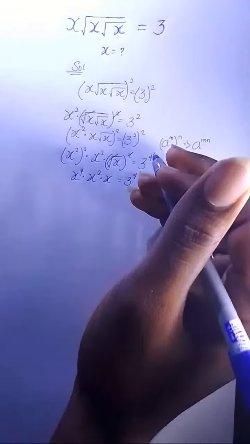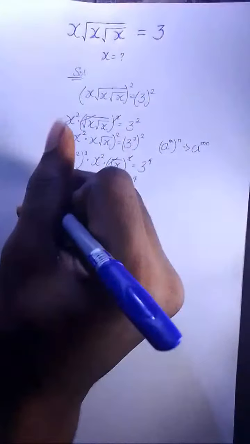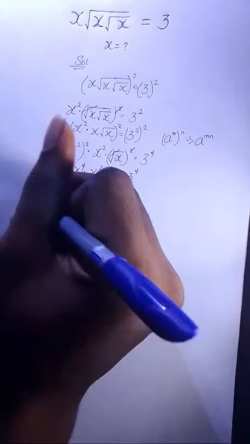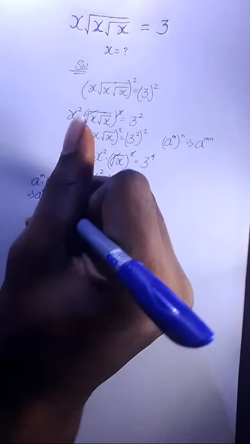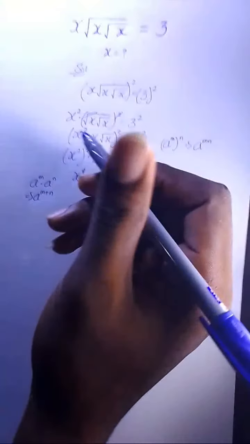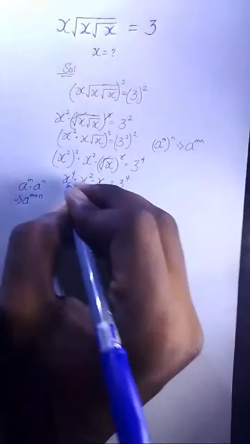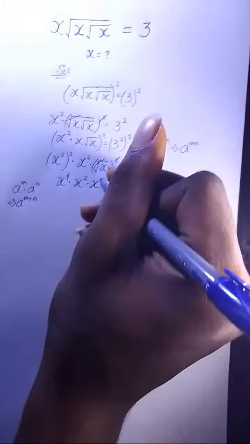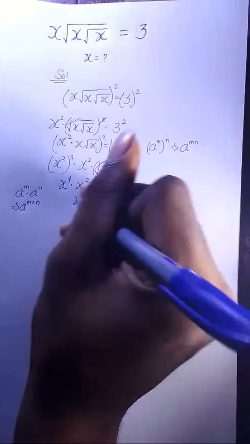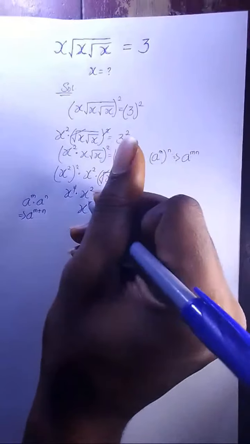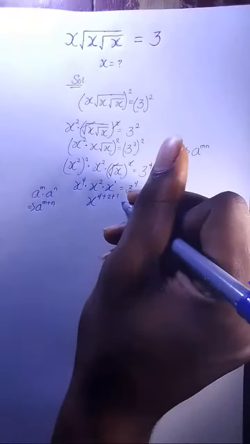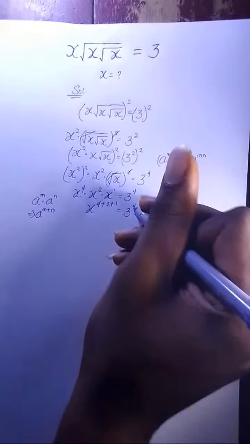When we have a raised to the power of m times a raised to the power of n, it gives us a raised to the power of m plus n, because the bases are the same and we add the powers. x raised to the power of 1 is the same as x. So we add the powers: 4 plus 2 plus 1.